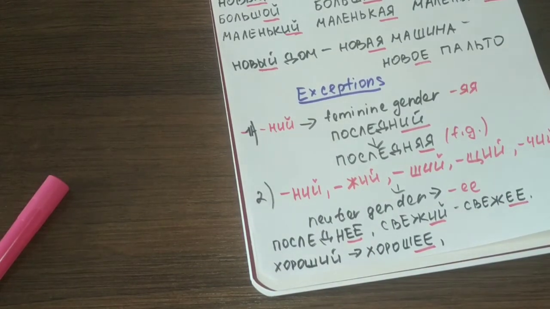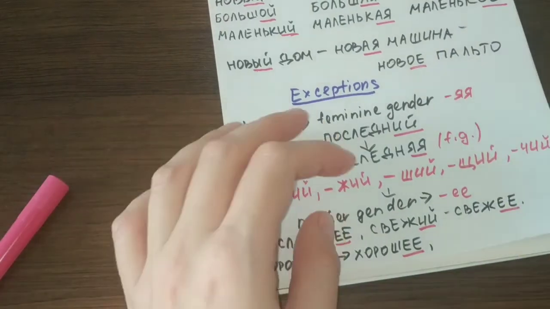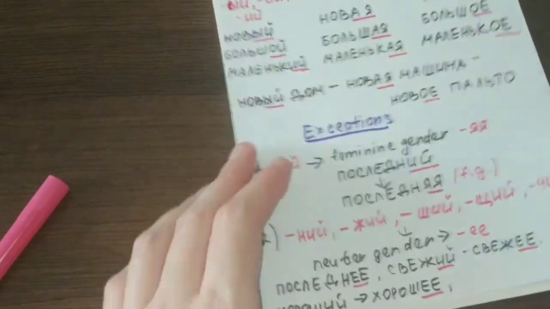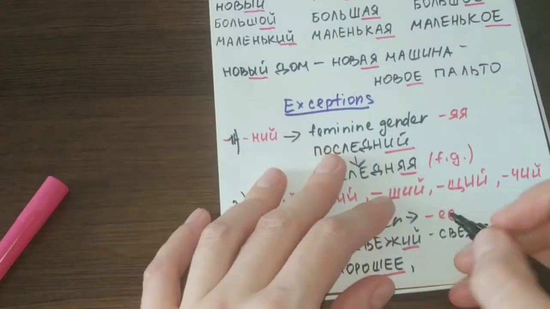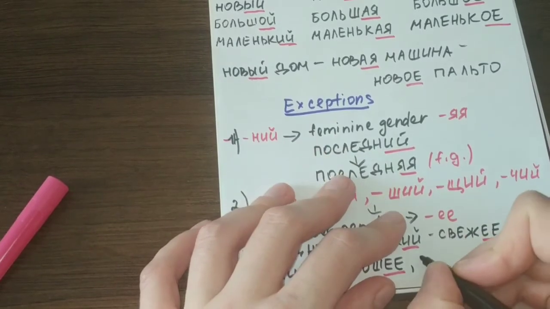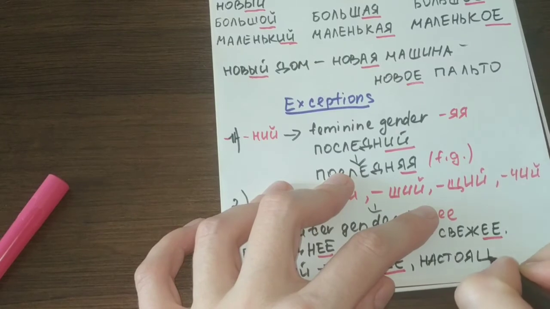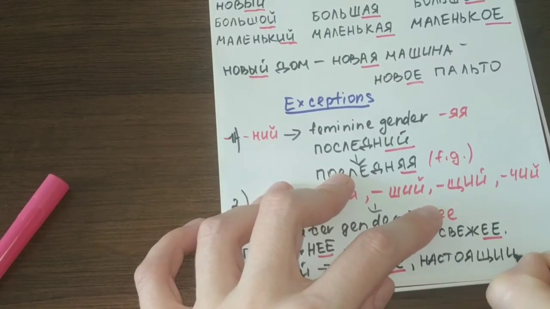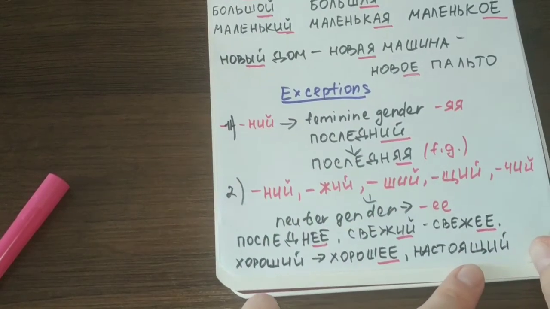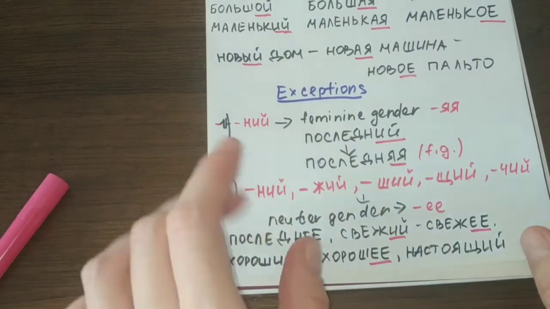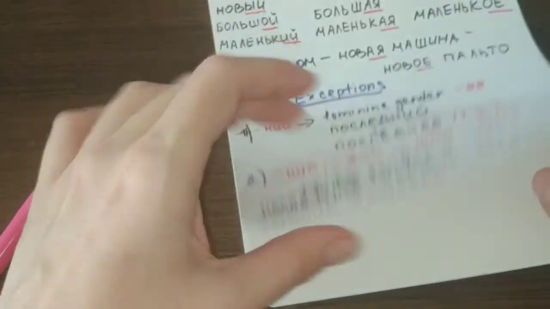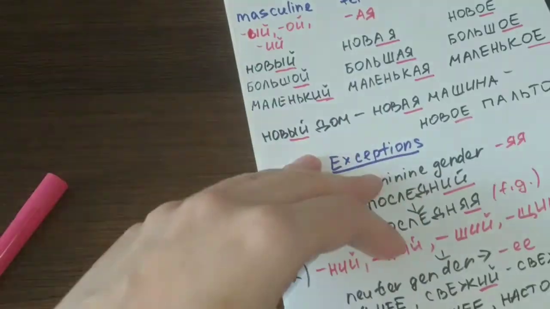Next, let's take -ший. Okay, I don't have enough space here. Let's take this example. Настоящий, meaning real. So let me write it here, maybe.